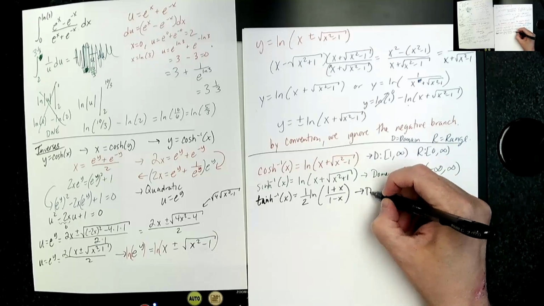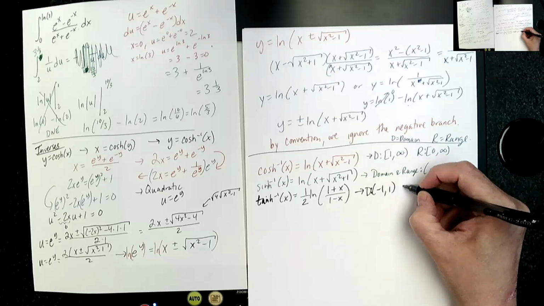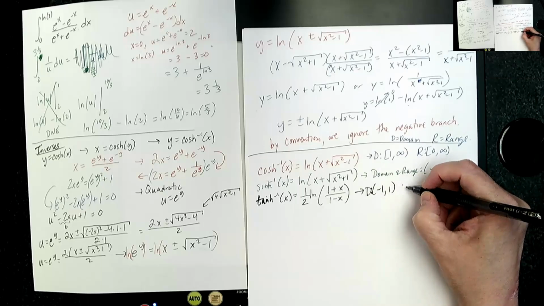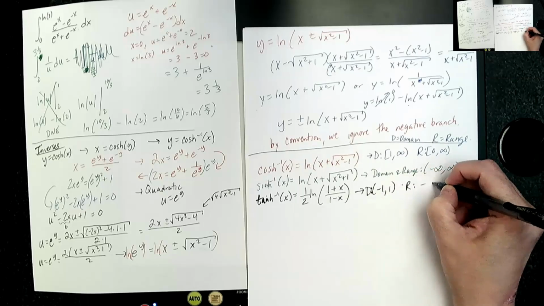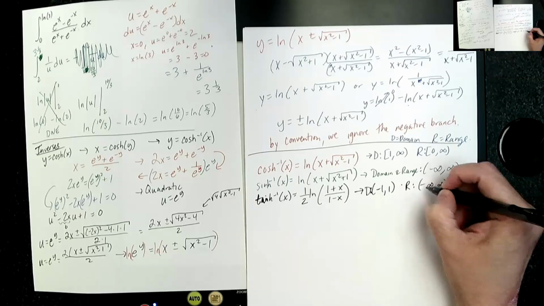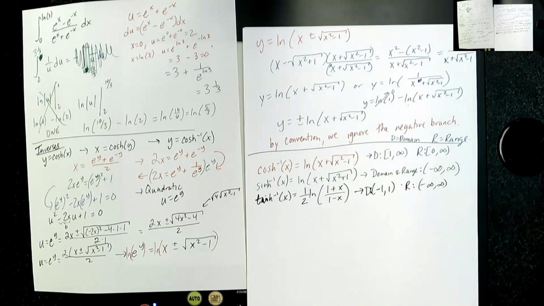The domain here is -1 to 1, not including either of them. And the range is infinite. Most of this is just having seen it and knowing that I can look that up later if I need it.